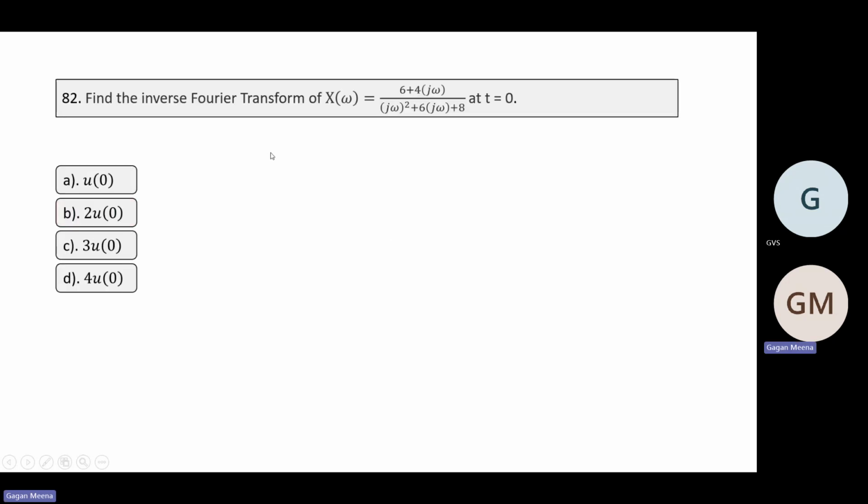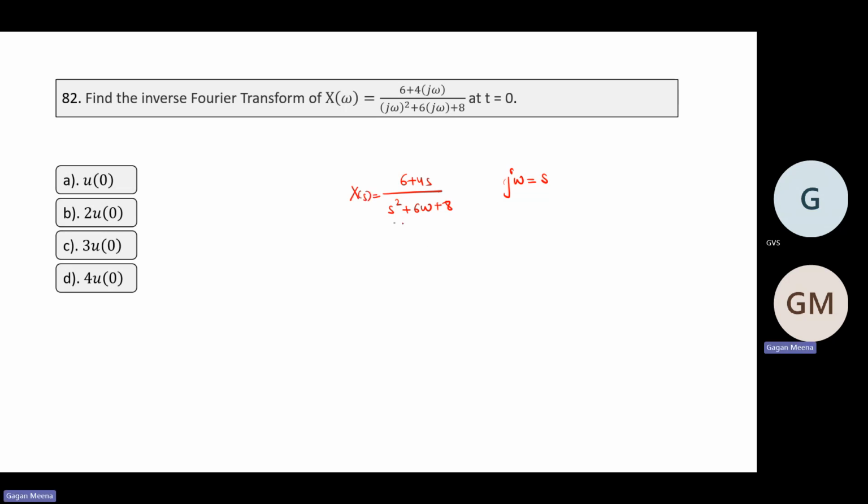The next question is the Fourier transform. Here we can convert this into a Laplace transform, replacing j omega by s. Then it becomes a Laplace transform, and you can take the Laplace inverse of this.